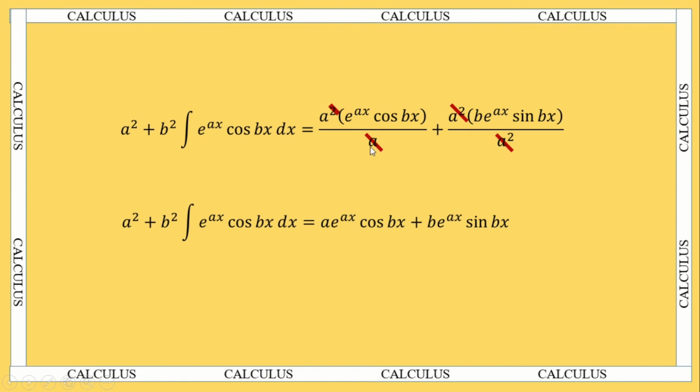Okay, next, we can cancel a power of 2 divided by a power of 2, and it will be like this.